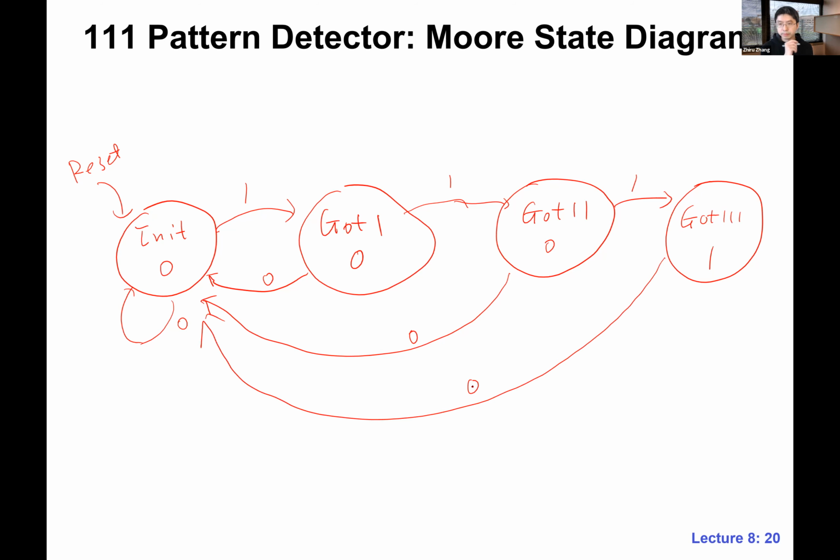We just need to stay. Remember, we want to detect overlapping sequences. So we output 1 here, and we also output 1 here, because next cycle, if we see a 1, we also want to output 1. If we see another 1, we keep producing 1.